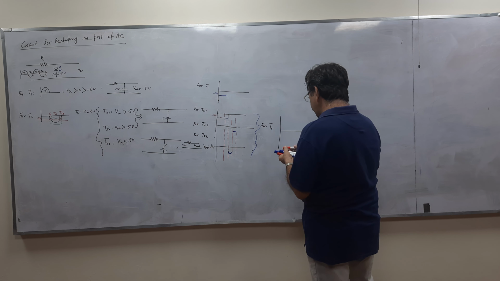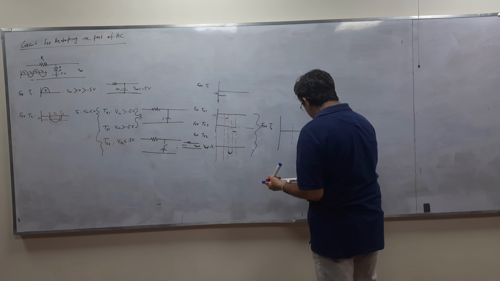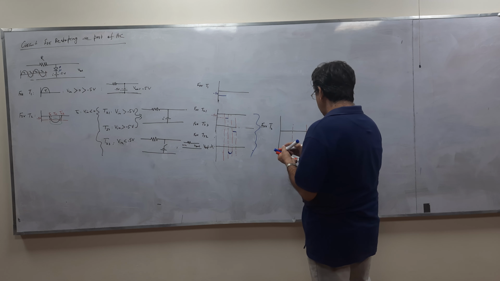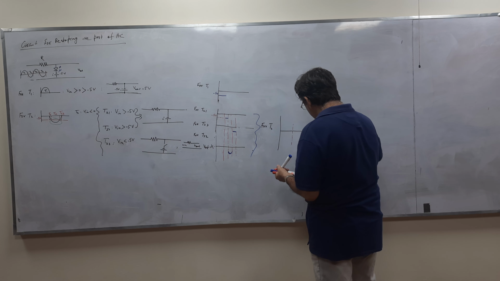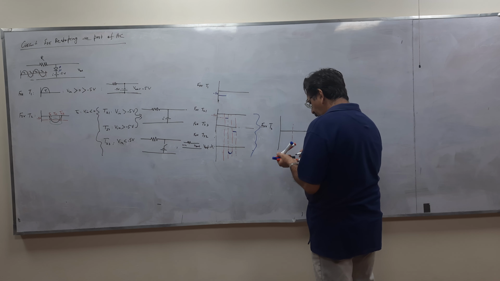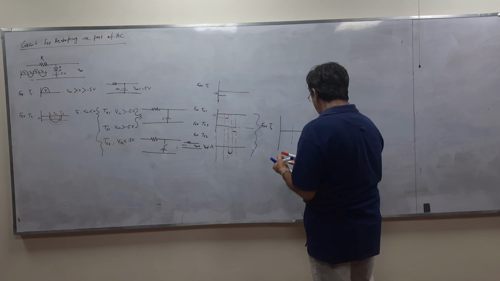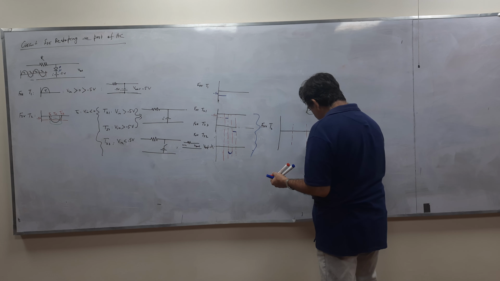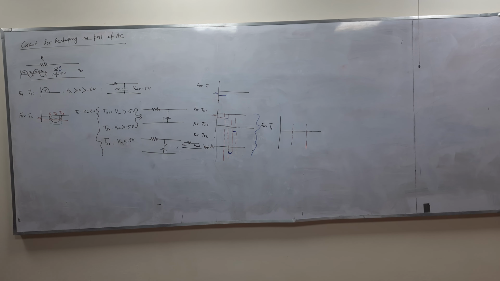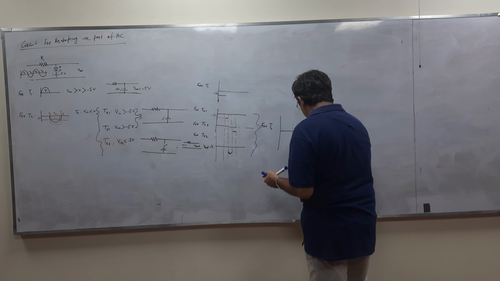For T2, if I say that from here to here is T2, then this T2 will be divided into three parts.